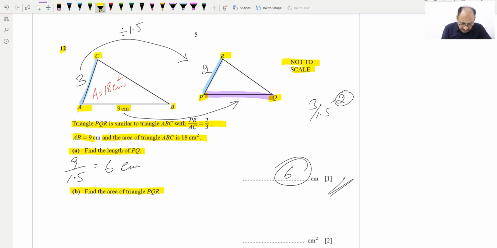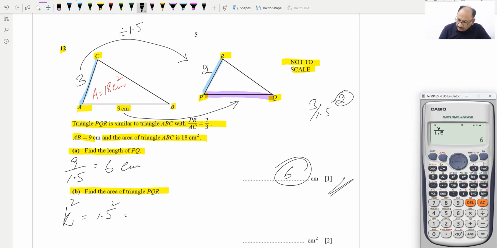And in part b, they are saying find the area of PQR. For area ratio, we will be using k square. K is equal to 1.5, so the square of this is 1.5 square, which we can write as 2.25.